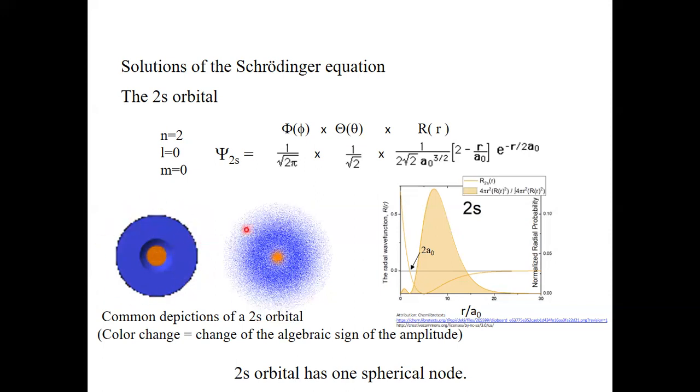All right. Now again, we need to distinguish between the probability function and the radial probability function. Again, when we just look at probability, then we will find again that the probability to find the electron at a specific point in space is the highest directly at the nucleus.